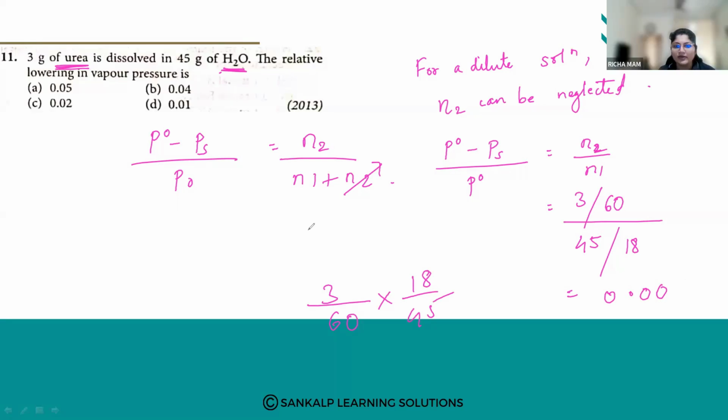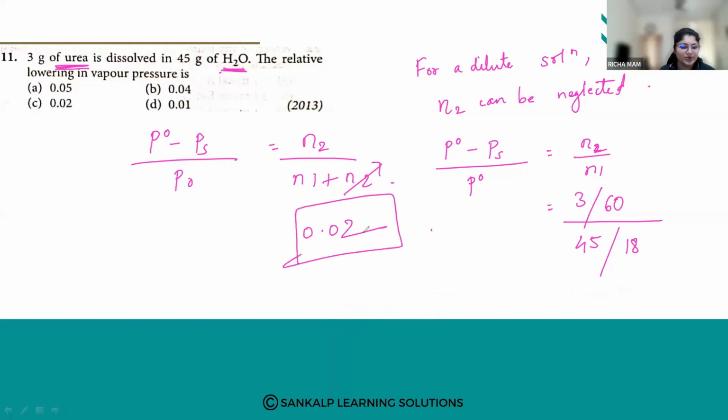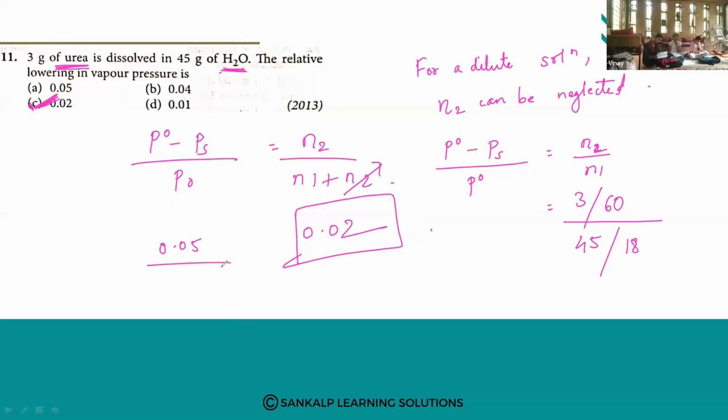No, I've got 0.02. Again, wait. You have to get 0.02. Option C. 3 by 60, you will get 0.05. And 45 by 18, you get 2.5.